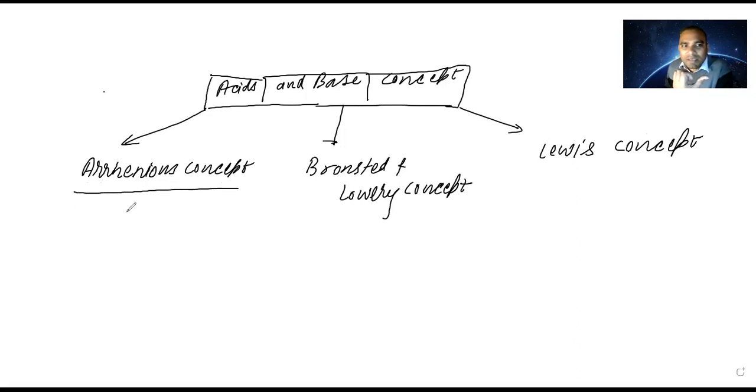The basic clue for the Arrhenius concept is that it is based on H plus and OH minus ions in water.